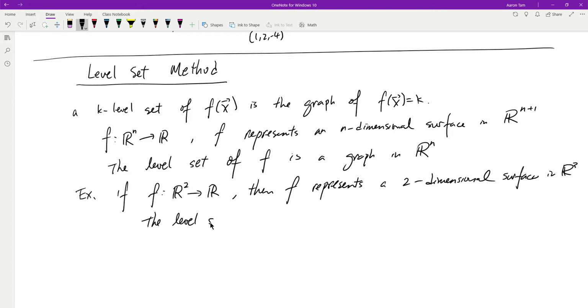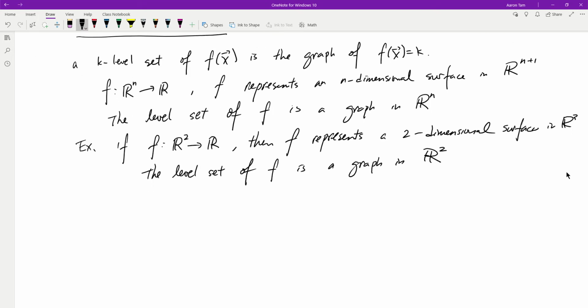But the level set of f is a graph in R^2 only. Now, it might be hard to see why, but if I show you an example, you will be able to see it. So let's see, we can do an example.